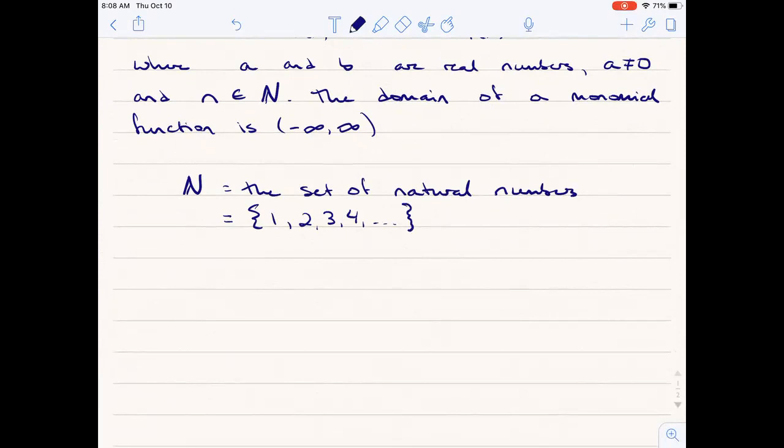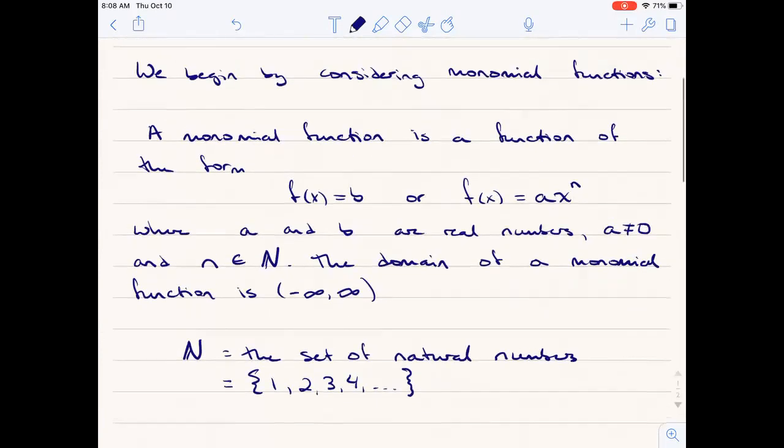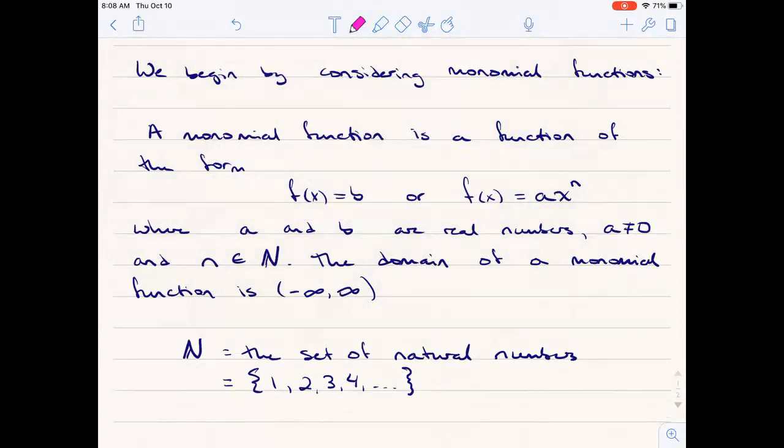So we'll only talk about powers of 1, 2, 3, 4, 5, 6, and so on. Right. I guess this is a definition here.